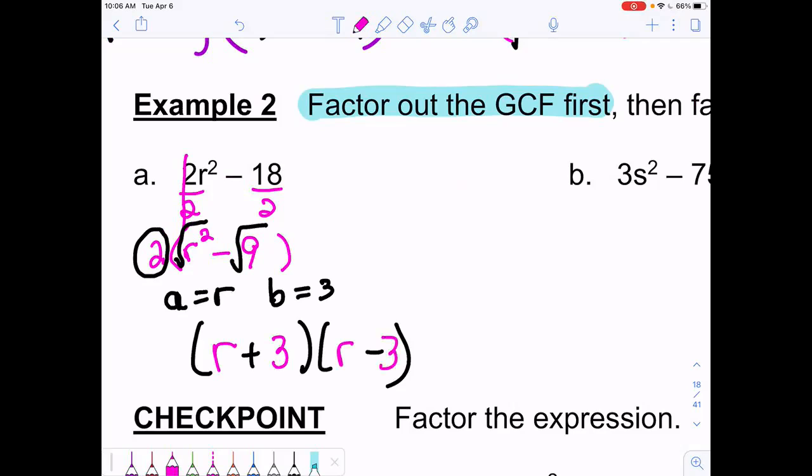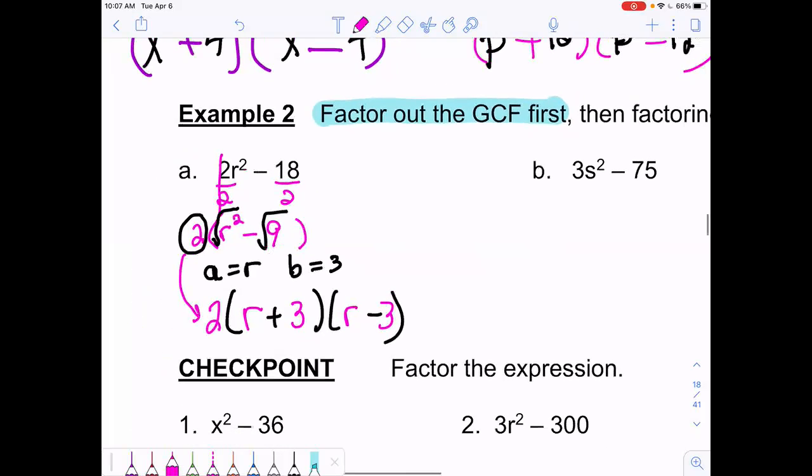And then what goes in front of those parentheses? Yeah. So we took a GCF out. We forgot it, but not totally. Write it in your answer. So you take the GCF out, you apply the pattern, and then you don't forget about that GCF in the end. Circle it, bring it back in your answer.